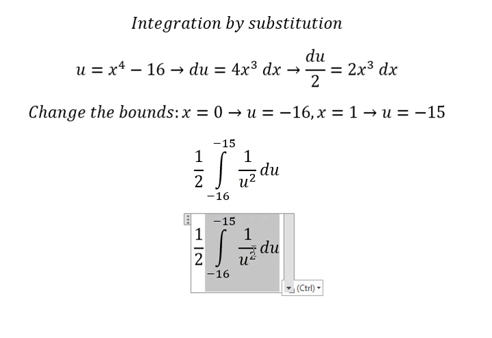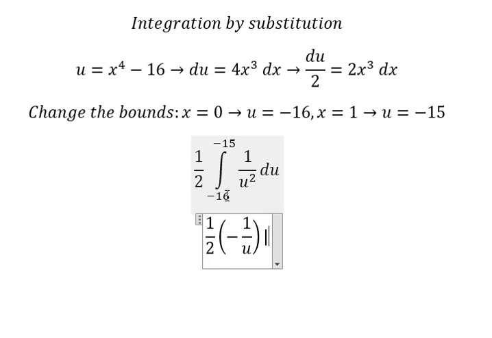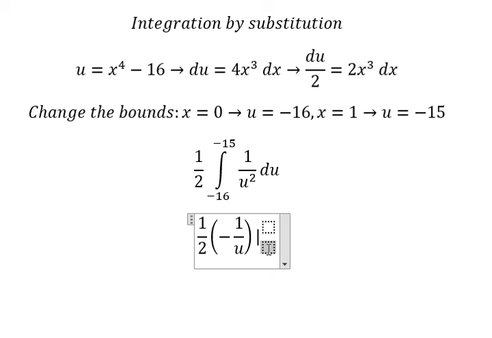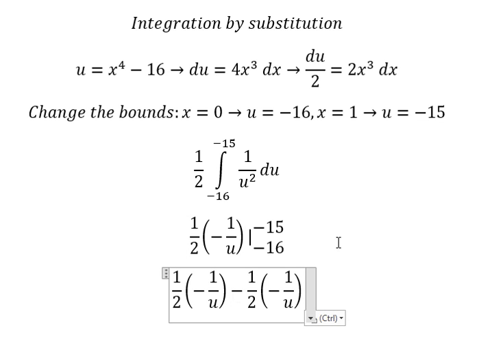So the integration of this one, we have negative 1 over u, and we put the bounds from negative 16 to negative 15. And now we have the final answer.